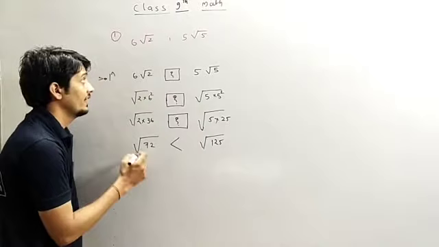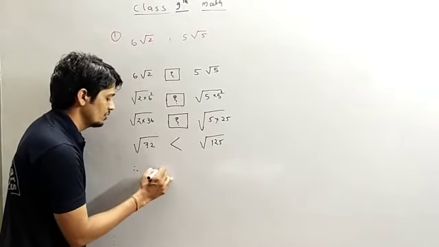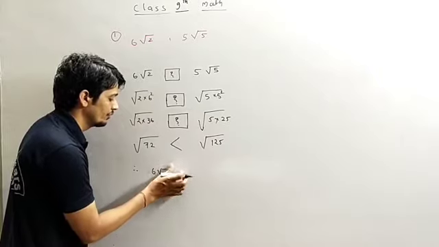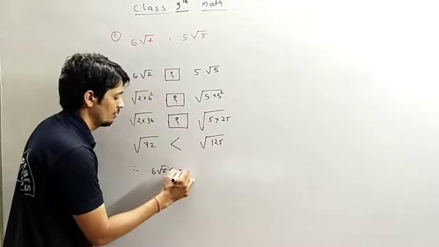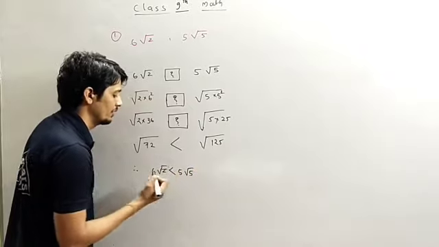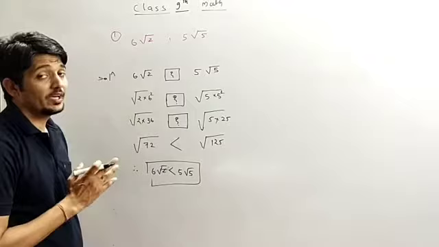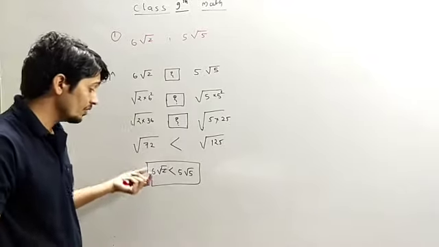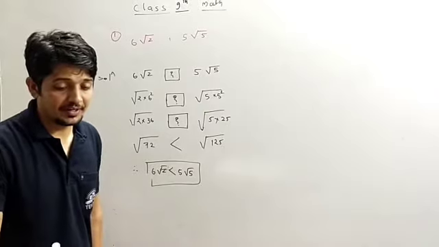Therefore, we can write 6 root 2 is less than 5 root 5. Okay, this is the answer. This is the way you have to evaluate which surds are equal or not. Okay.